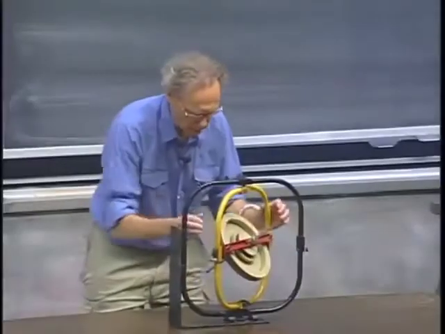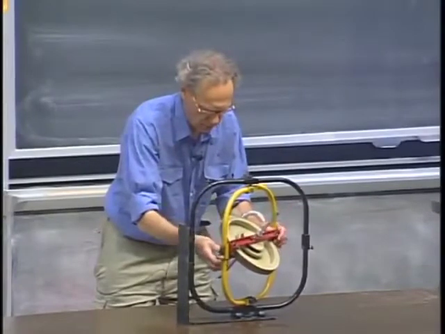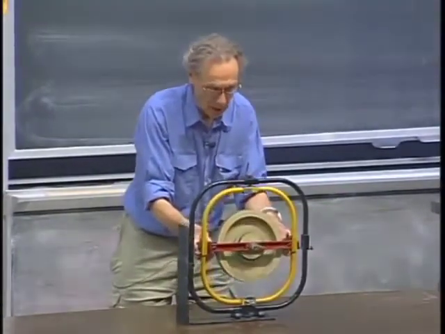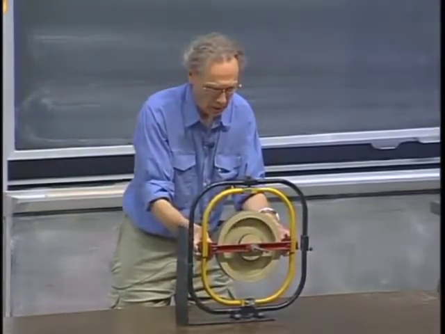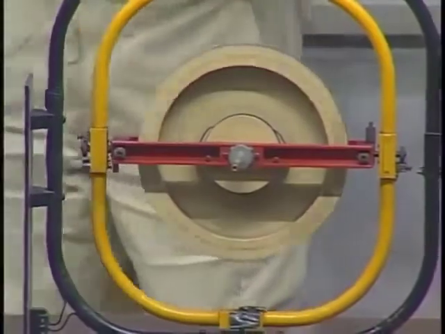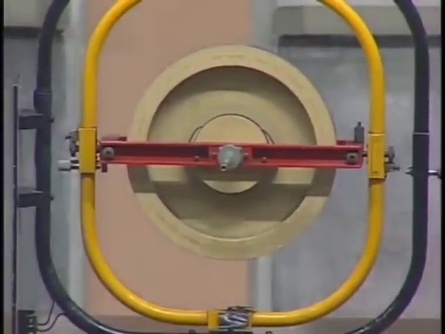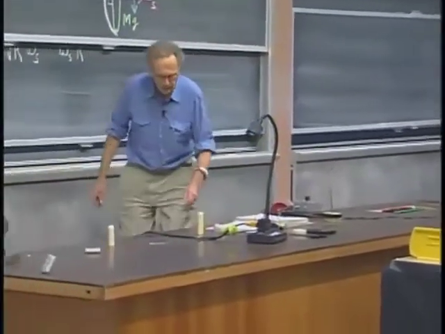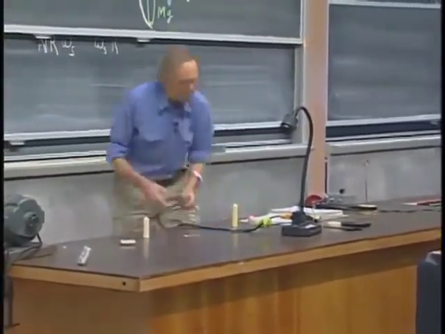Now what I can do for you to come to a final test on your thinking, this wheel is suspended in such a way that there is no gravitational torque on it, like there was here. But I can put a torque on it by simply putting some weights on the axis.